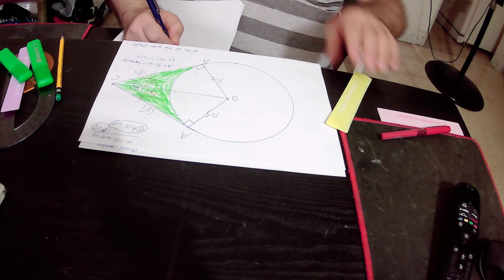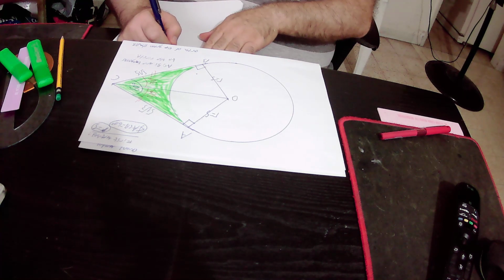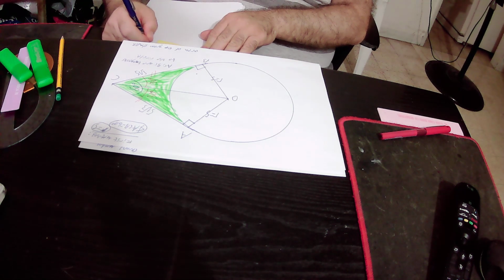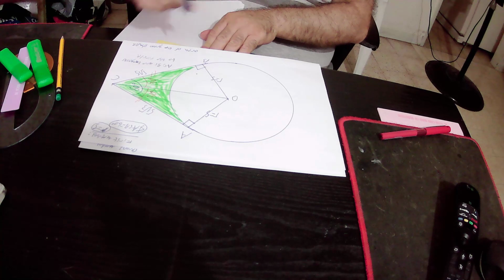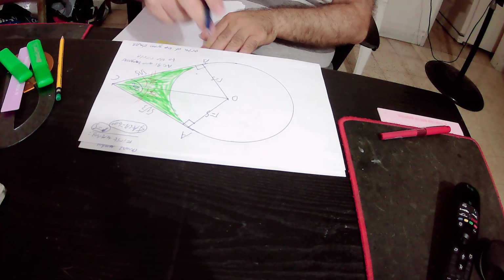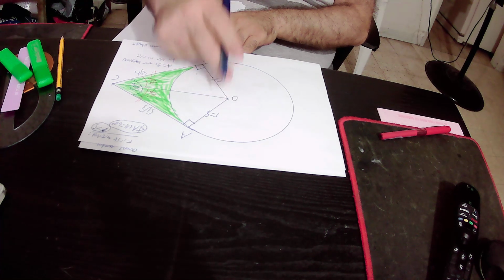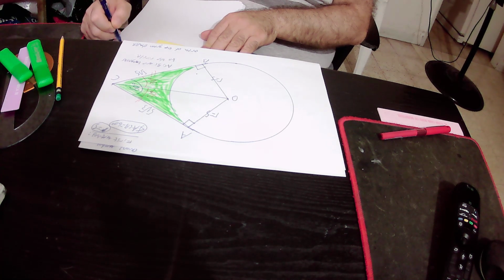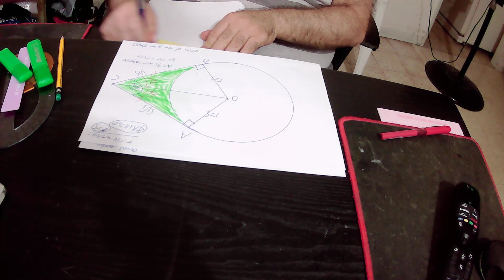That is to say, 60 degrees plus 90 degrees plus 90 degrees plus the size of angle AOB, the size of this angle, must be equal to 360 degrees according to rule number 3. Okay.